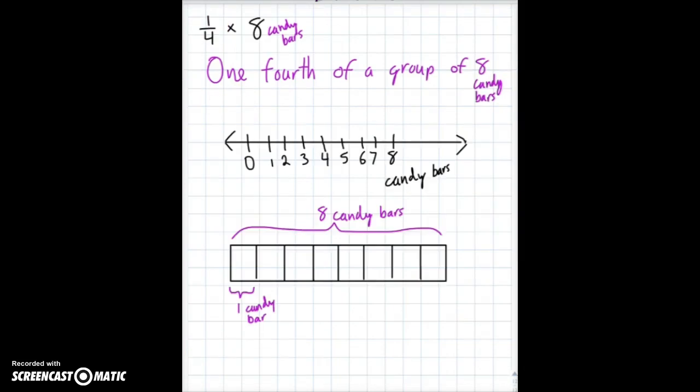On the number line, if we have 8 candy bars, we would have to break them into 4 equal size groups, because the denominator here says 1/4, or the 4 is in the denominator.